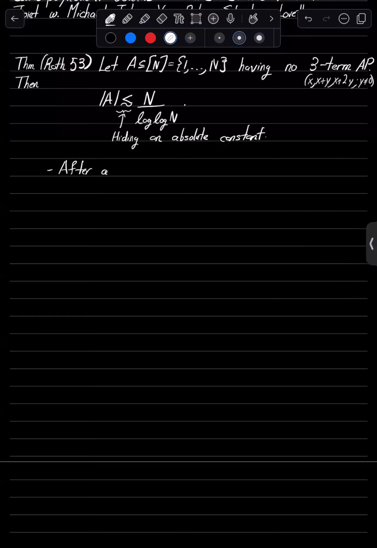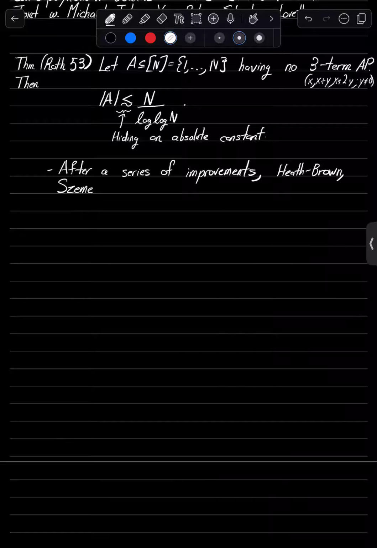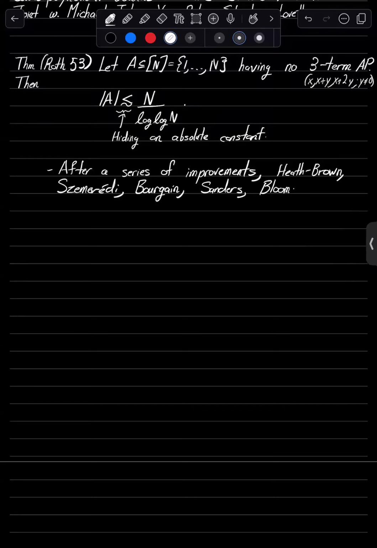After a series of improvements by a rather distinguished group of researchers: first Heath-Brown, then Szemerédi independently, then Bourgain, then Sanders, then Bloom-Sisask, and I'm omitting a few names. These are maybe the most important.